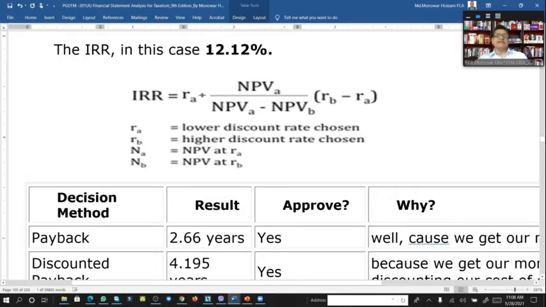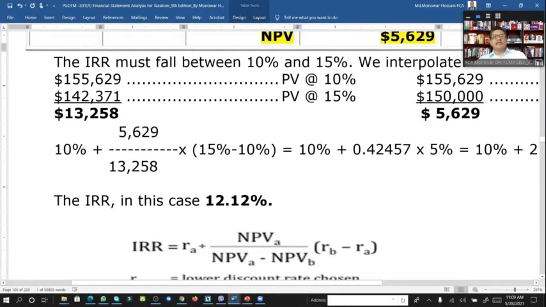So 10% is the lower one, plus the net present value of the lower one, that means at the rate of 10% PV factor, we calculate the NPV, how much money comes here, that means the lower one, here 5,000, divided by the NPV of the lower one minus the NPV of the higher one, that means 15%, and multiply by the difference of the discounting factors, higher one minus lower one. This way, if we put in all the data, we will get this.